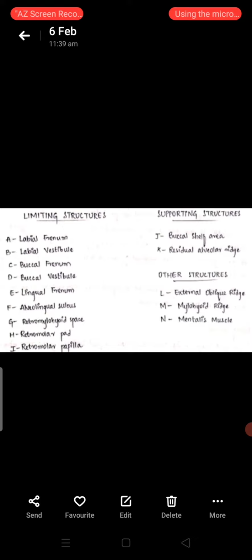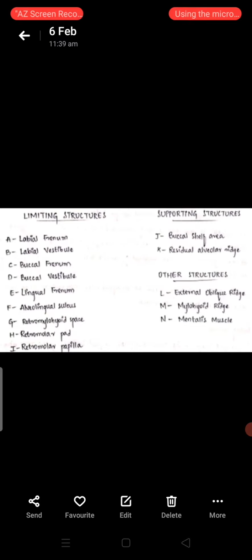Now, in limiting structures, like in the maxillary arch, we divide limiting structures into anterior, buccal, and posterior, to remember these landmarks easily. Here there is an additional limiting structure, the lingual frenum and lingual vestibule.